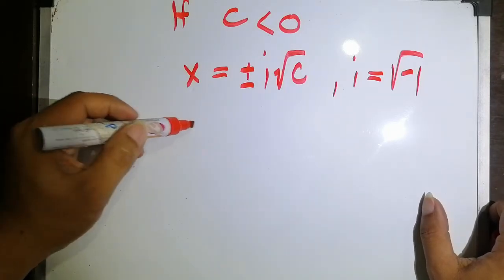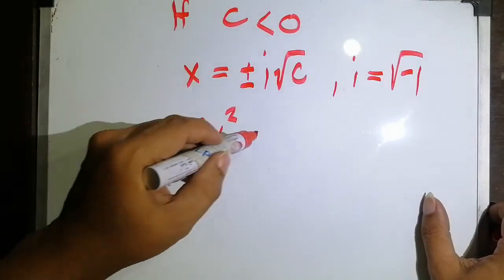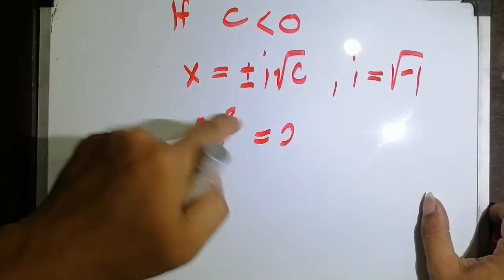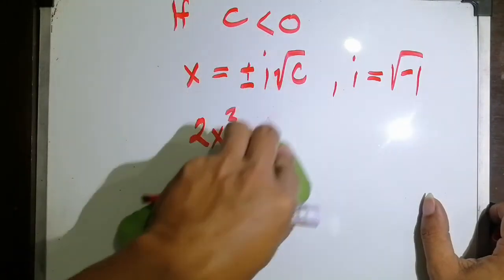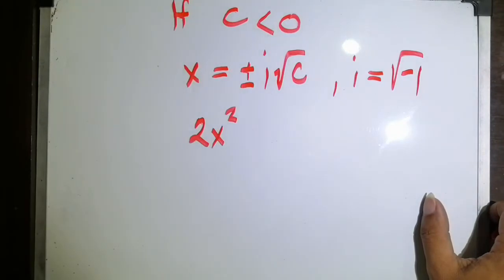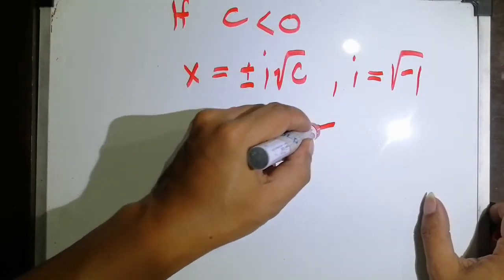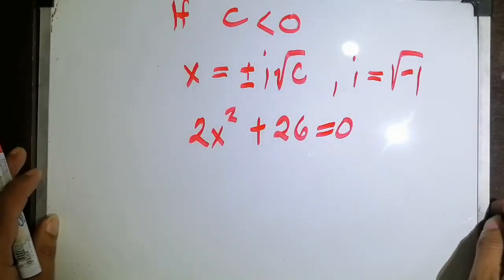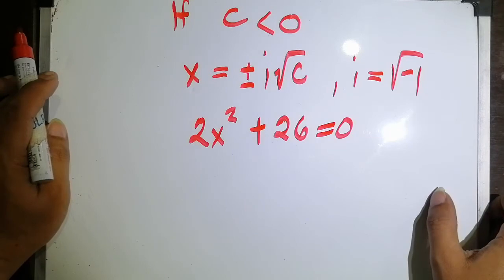So, example, 2x squared plus 26 equals 0. So, hindi pa siya nakasulat na x squared equals c.